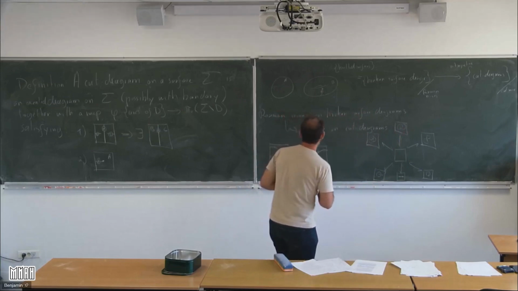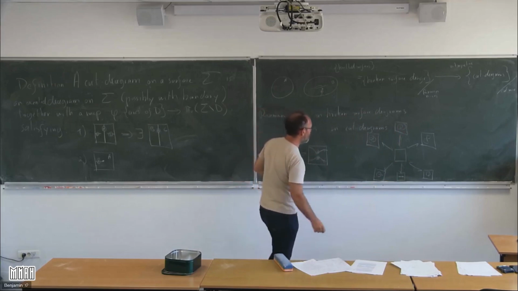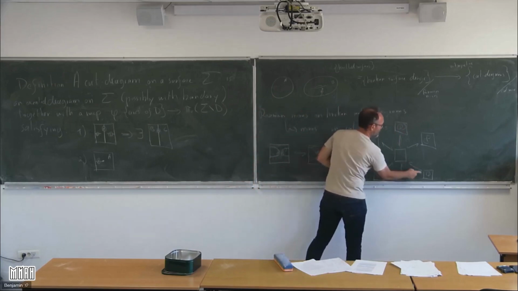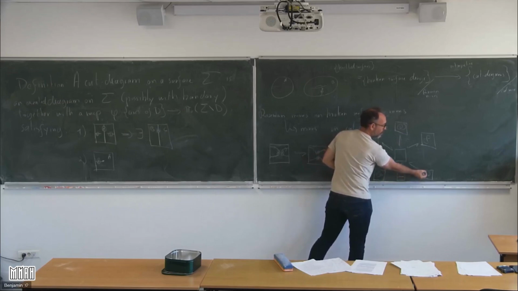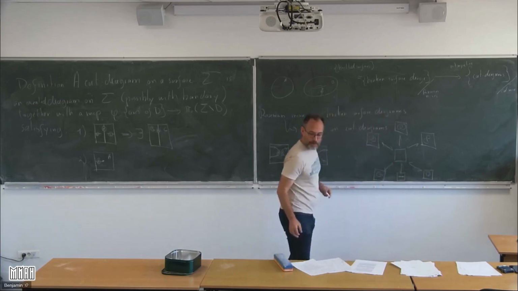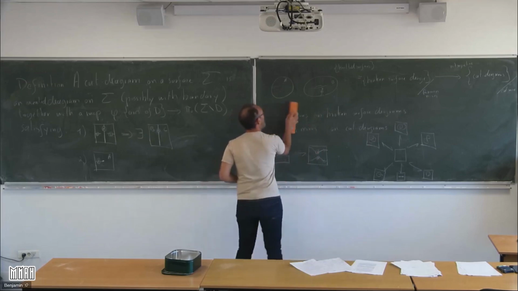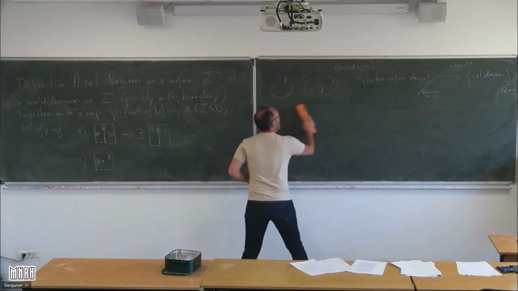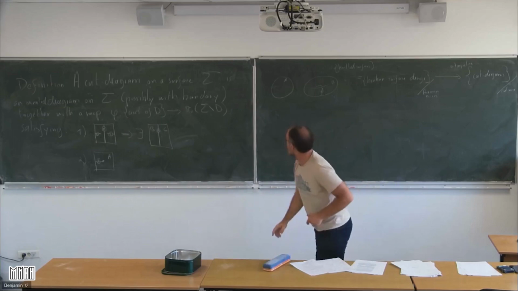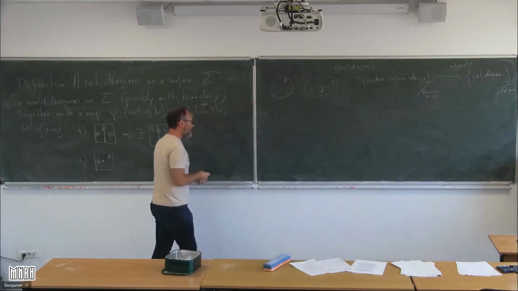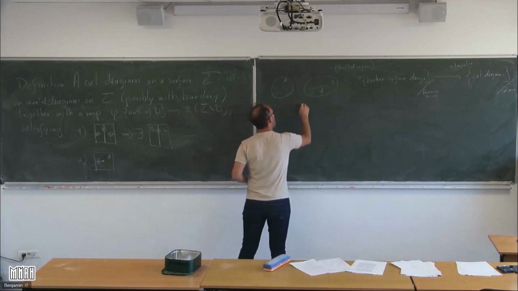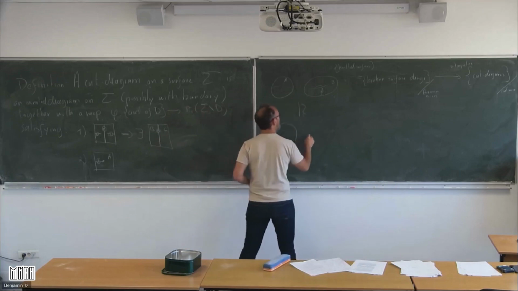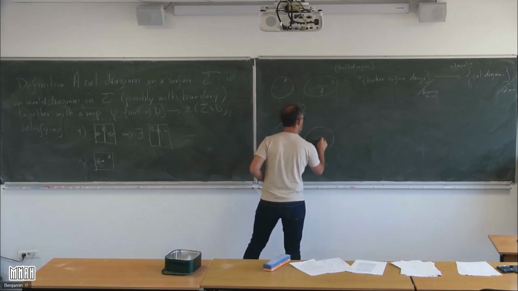For instance, maybe I will now erase the moves, but just remember that one of the moves is just creating one small cycle somewhere. If now I look back at this counterexample, it means that up to cut move, this one is the same as what I had before.